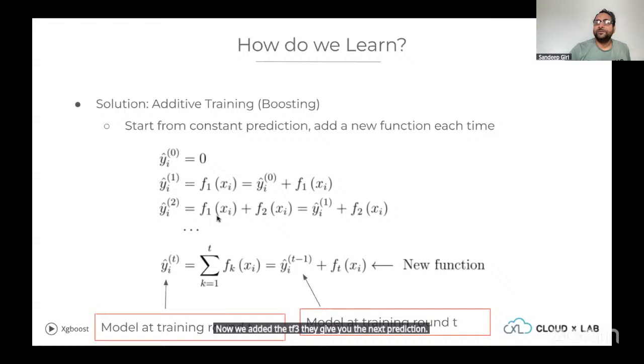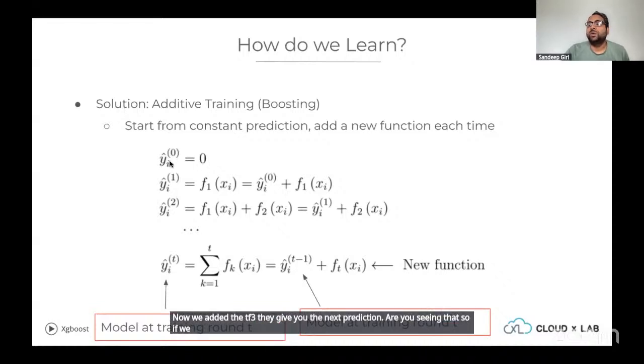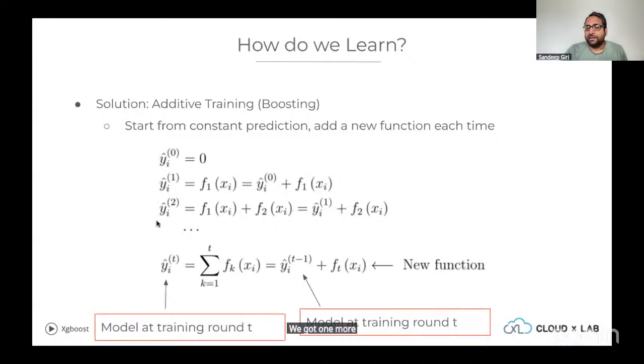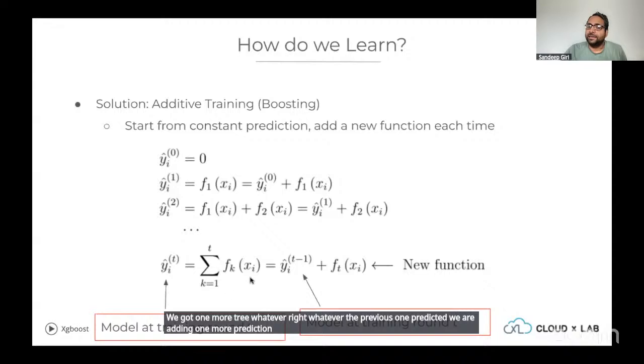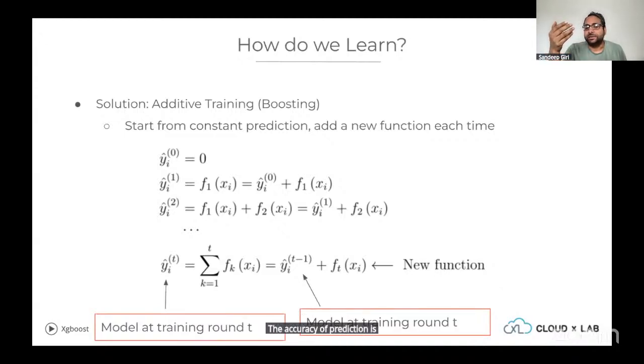If we have 0 trees, no outcome. We had 2 trees, the outcome from the first one and second one, we got one more tree, and whatever the previous ones predicted, we are adding one more prediction to it. So as we keep on adding trees, the accuracy of prediction is increasing, right? Is everybody okay?